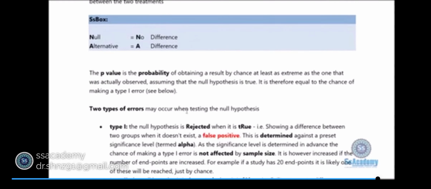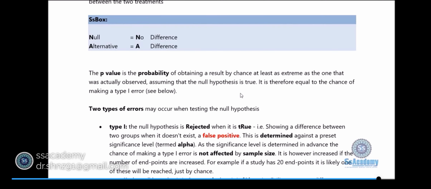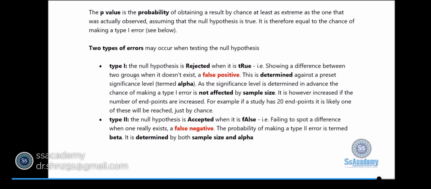A p-value is the probability of obtaining a result by chance at least as extreme as the one actually observed, assuming that the null hypothesis is true. It is therefore equal to the chance of making a type 1 error. So there are two types of errors, type 1 and type 2.